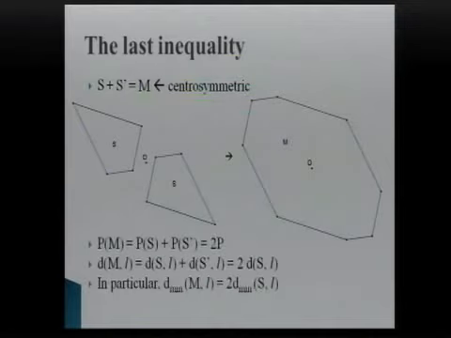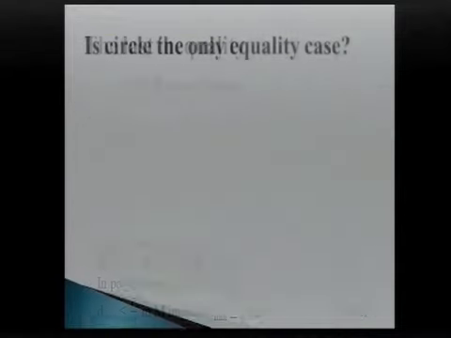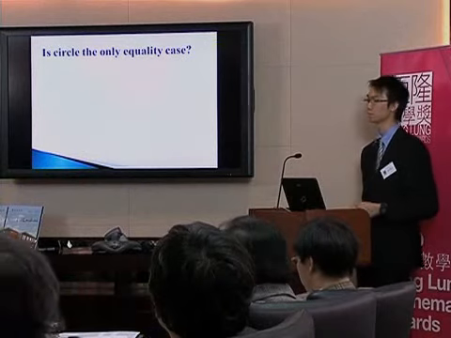And since the perimeter of M is 2 times P, and also the minimum width of M is also 2 times the minimum width of S, as shown due to the two properties that I've just shown you, the inequality minimum width not greater than P over pi in M will imply the same inequality in S, except it's just dividing by 2, and that's it. So we're done. We've solved that when S is a circle, the optimal curve is the maximum.